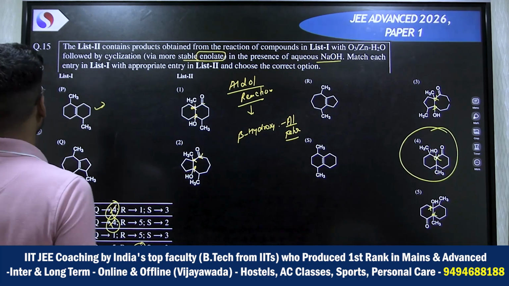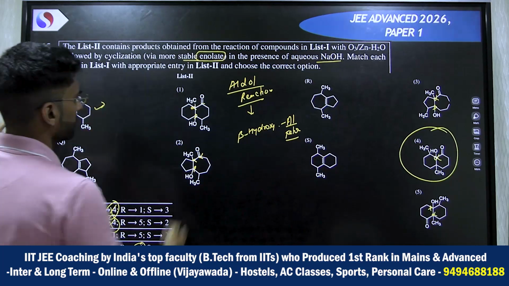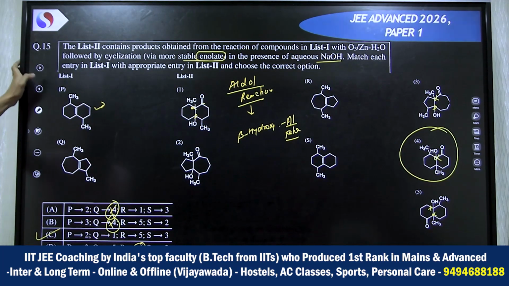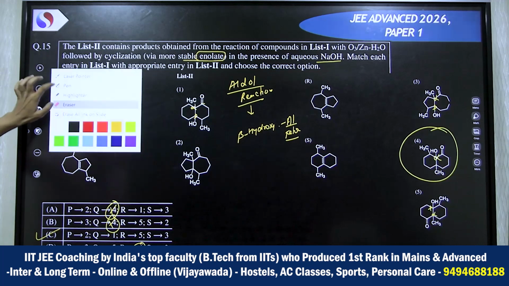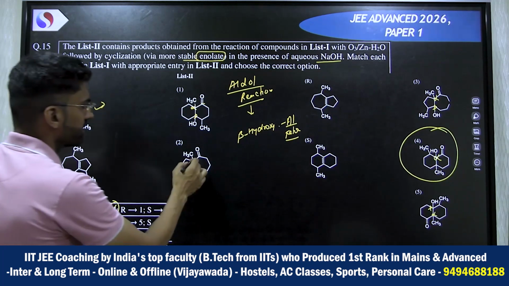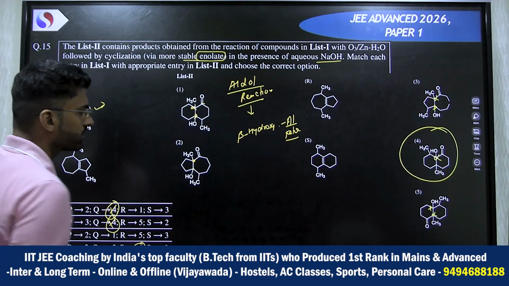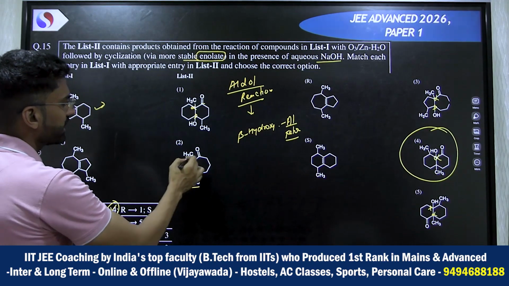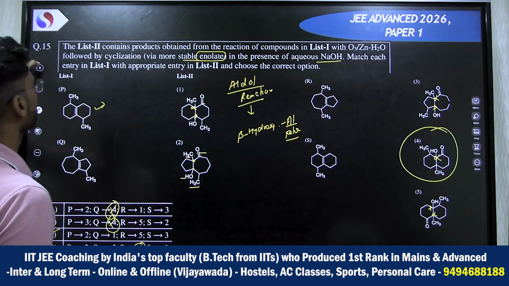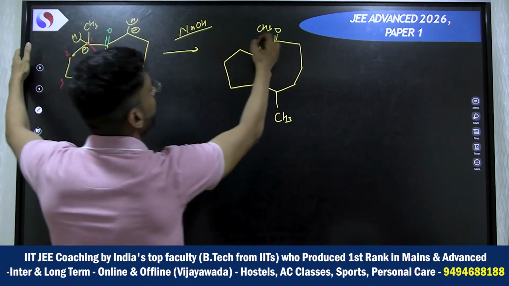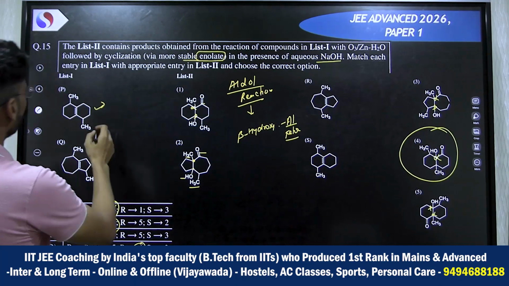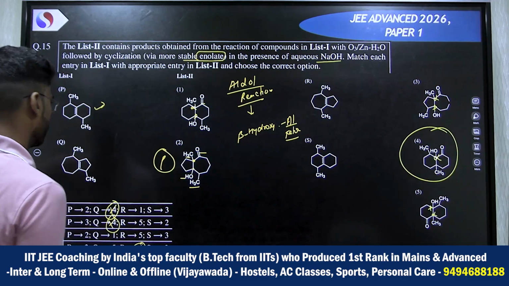You can see here, this is the CH3 group and OH group. Along with the OH group, there is a methyl group and keto group. This is the same: methyl group, keto group, OH group, methyl group. So option 2 is for the P.